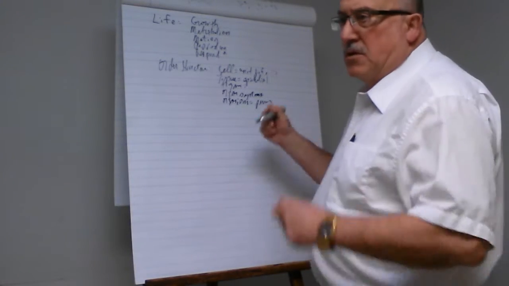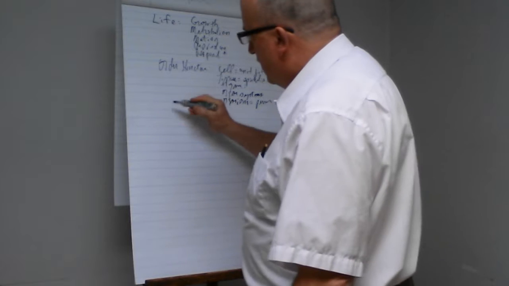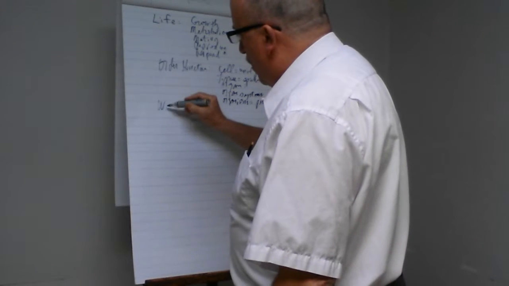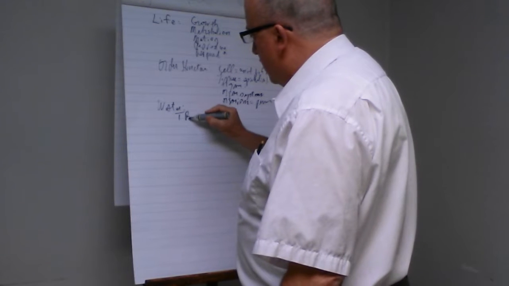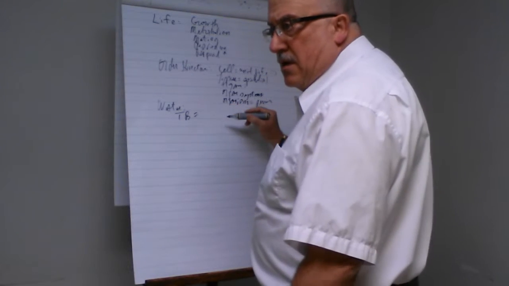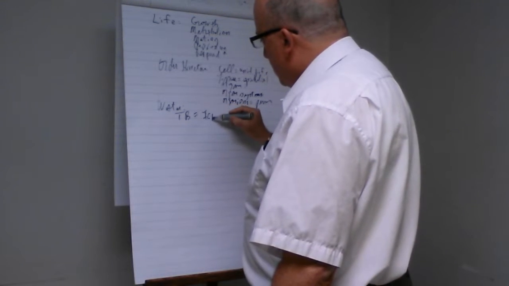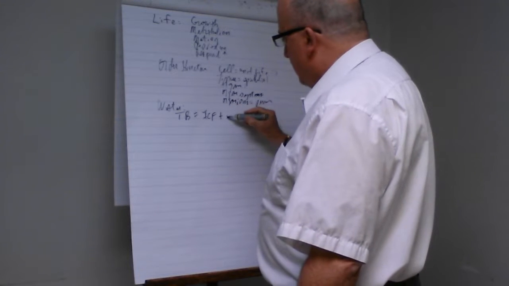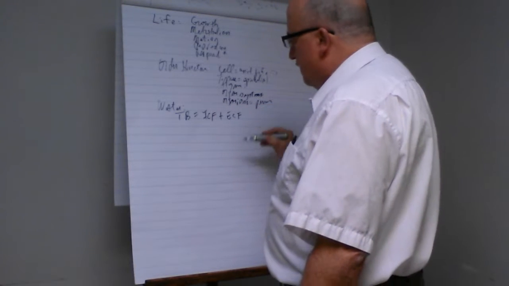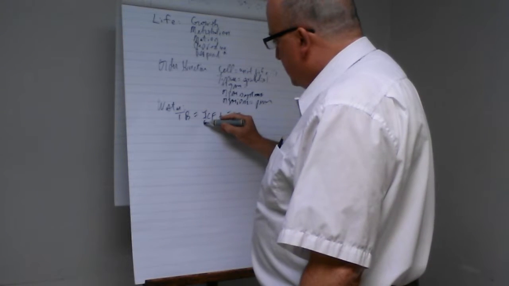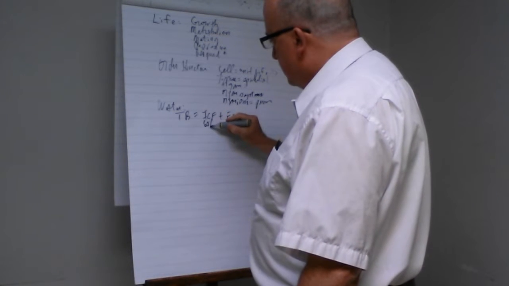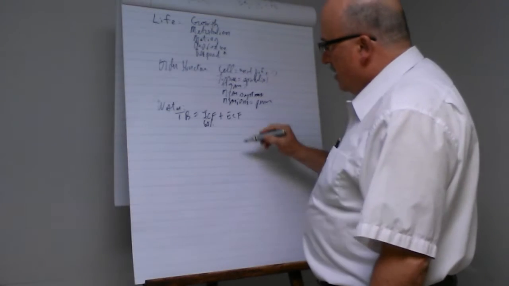So let's talk about the water content. So water, total body water, is made up of the ICF, which is the intracellular, and the extracellular fluid. ICF is about 60% of the total body water.